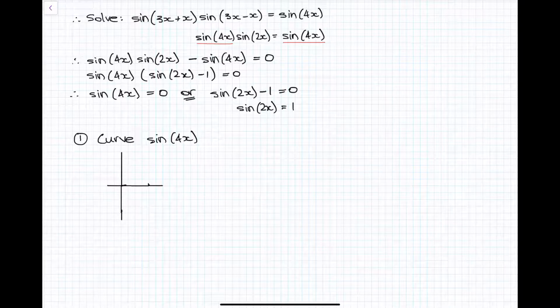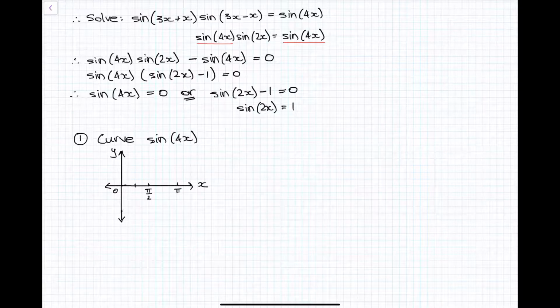We're going between x equals 0 and pi. So we'll have our x and y axes and 0, and we'll call this pi. So this will be pi on 2.